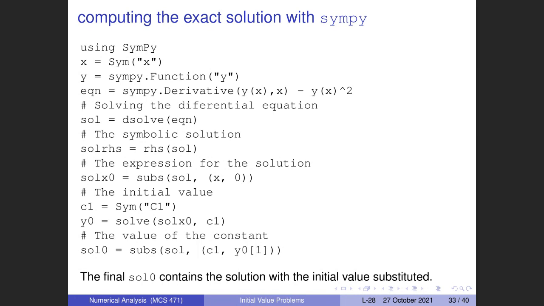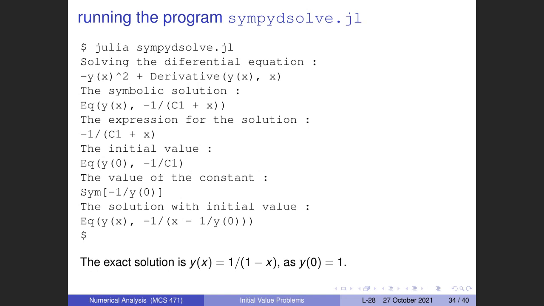This is a first order equation, so it will contain some symbol, and we will use an initial value to substitute the constant in the solution. So this is the simple sympy code. There is a Julia program that is posted. We see the output, the print statements, and we obtain the exact solution.